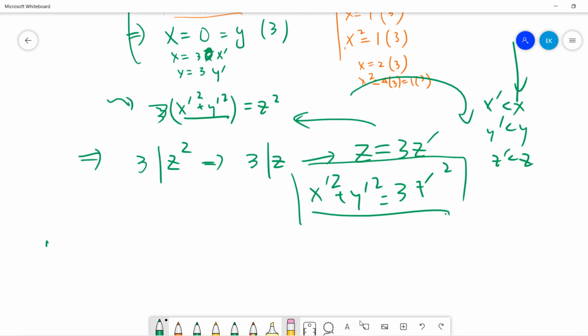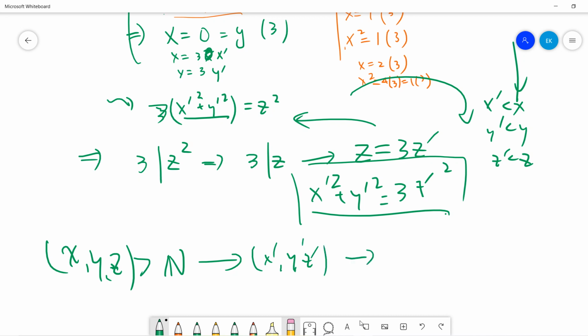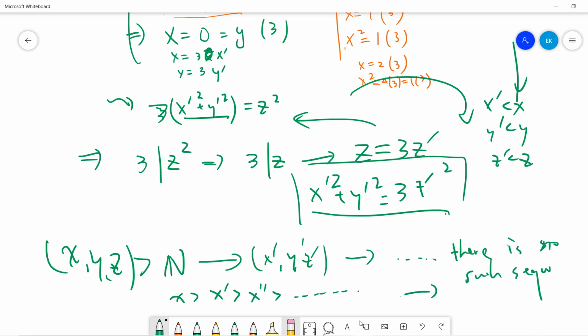Suppose you can find a solution in positive integers, then you can find another one, and by this method you can find another one, right? So you will construct smaller and smaller integers, but there is no such sequence, because positive integers cannot get smaller and smaller forever.